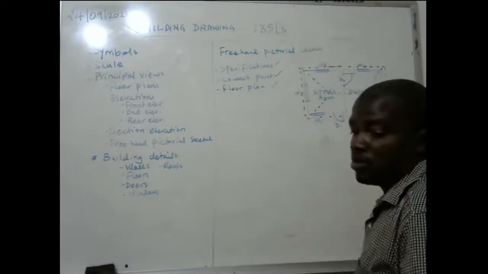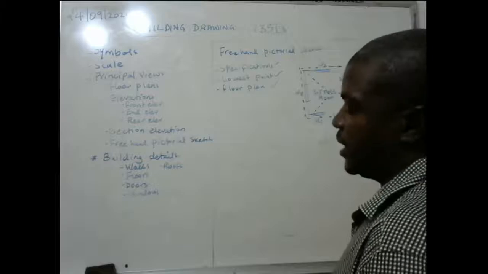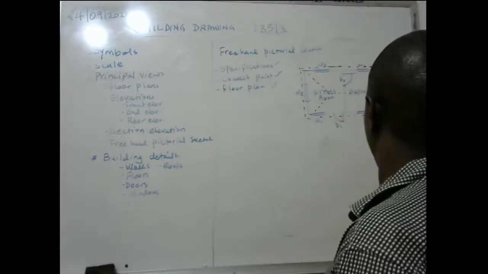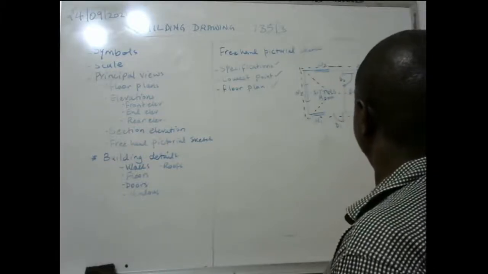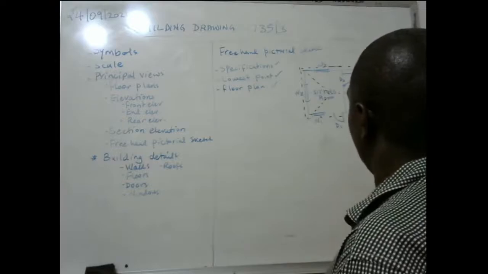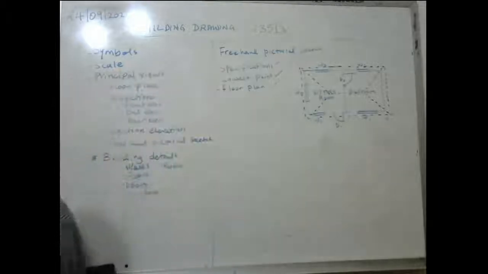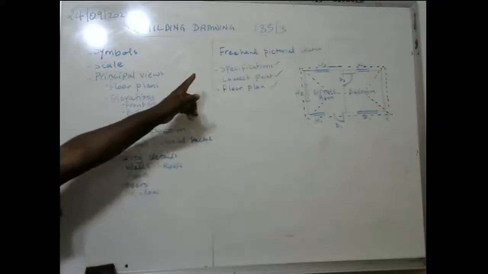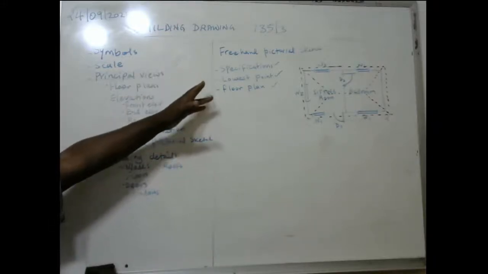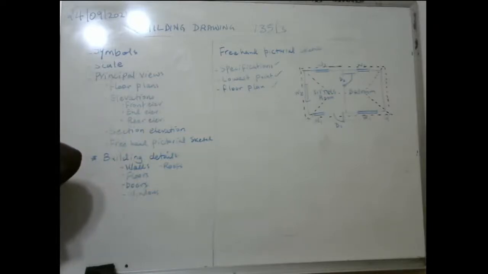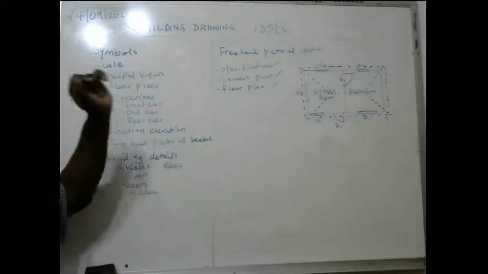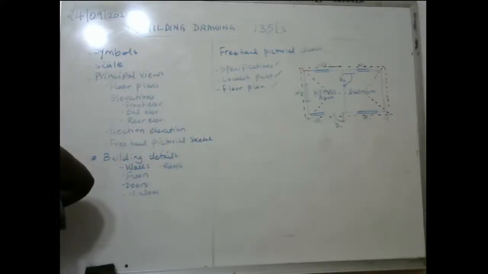The roof plan or the roof line also guides us on how the formation of the roof in the building is made. So once we have the specifications, we have particular information that concerns this particular building.